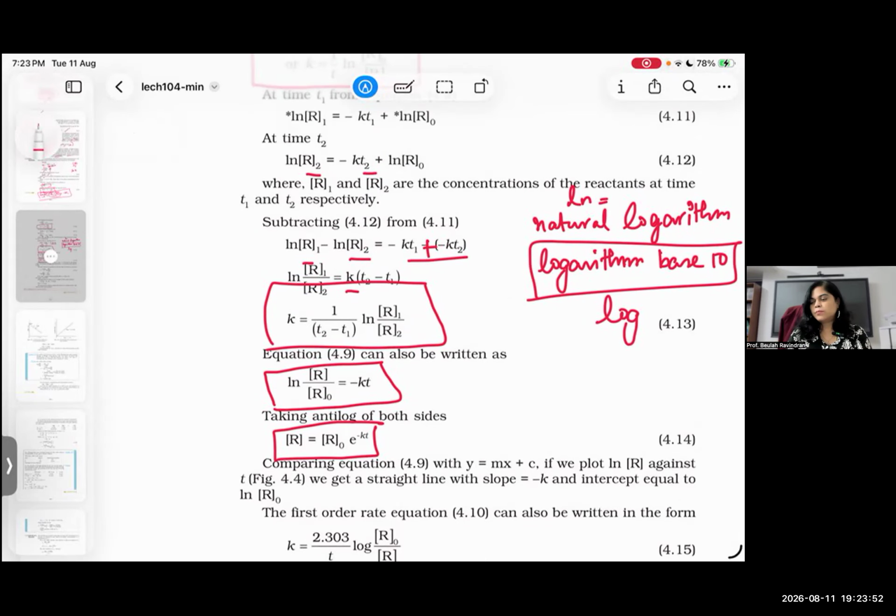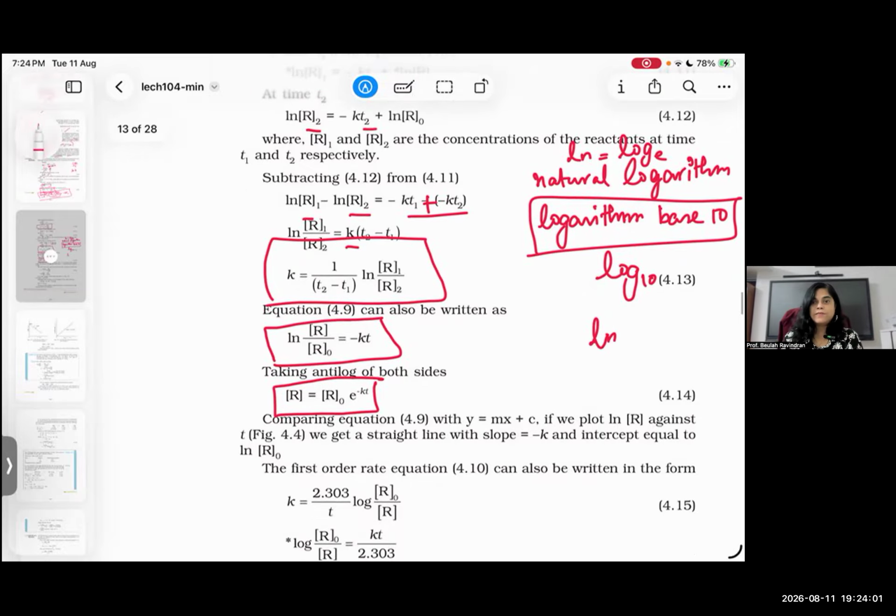So ln is log to the base e, and this is log to the base 10. So these two are different. We can derive ln from log by multiplying by 2.303. If we multiply 2.303 into log, that will be ln. And antilog is something different. I'll do another video for you kids, definitely.